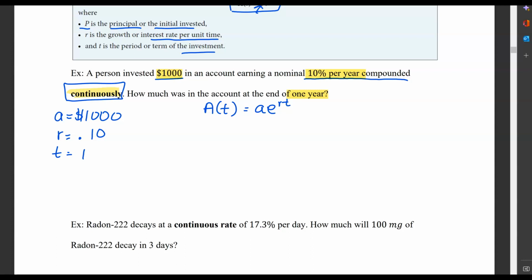So now we're going to plug all of this in. We get A of t. Our initial amount, that's the $1,000. We have e, and then we're going to take 0.10 and multiply that by t, but t is equal to 1. Now we can go ahead and plug this into our calculator.